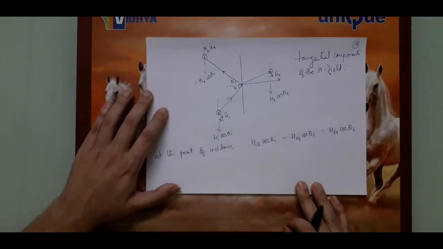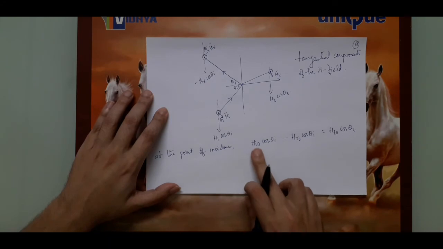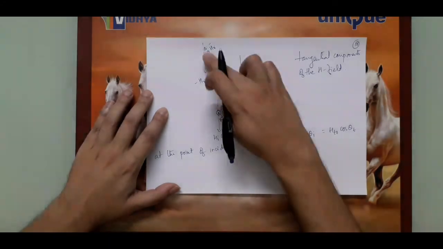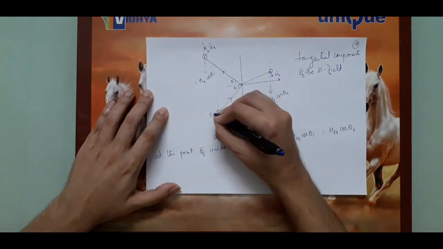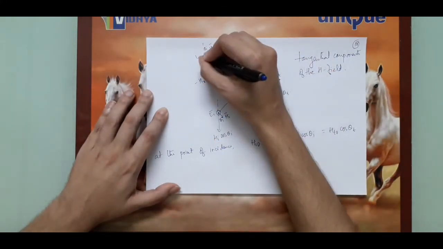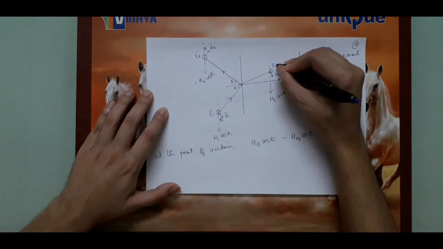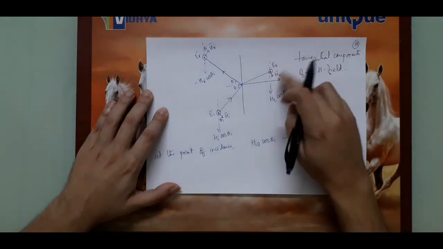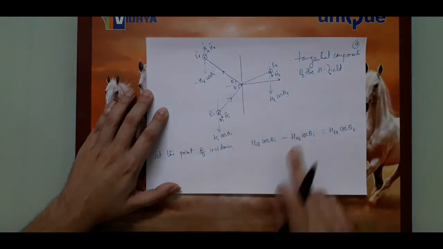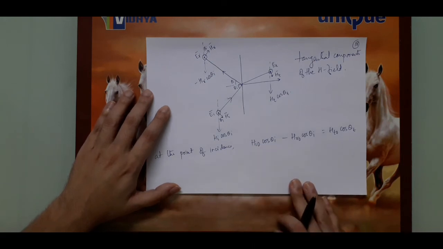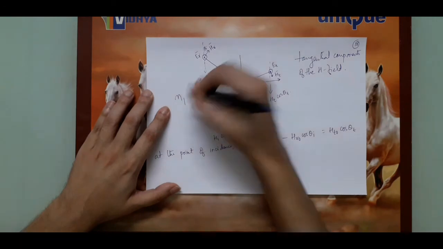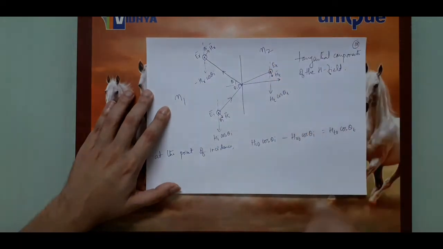Now we already know the relationship between E and H of individual waves. If this is the E vector, Ei, Er and Et, the relationship between the magnitudes of the fields is related to the intrinsic impedance of the medium, which is eta1 for medium 1 and eta2 for medium 2, as we've discussed.